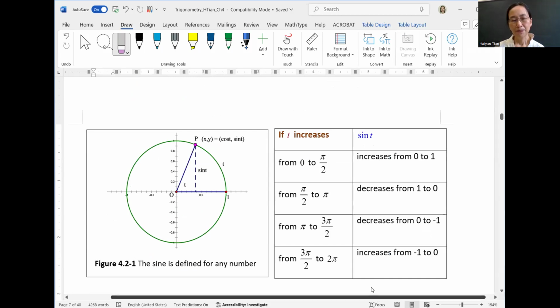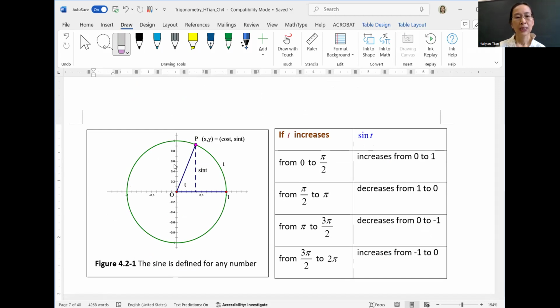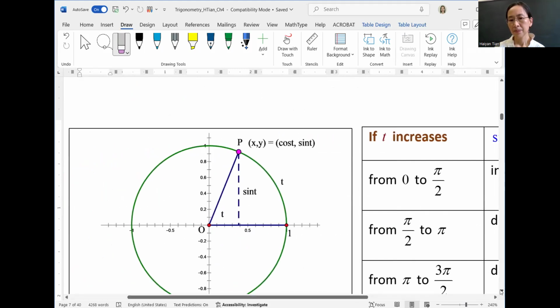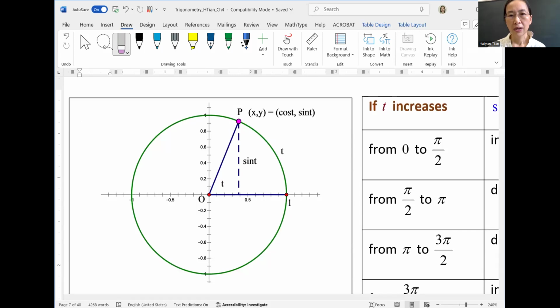So suppose we have, I want to increase the figure so you can see better. So I just increase it. Okay, now assume we have this angle t. Now we focus on the second quadrant, that is, the terminal side will be here. So if t continues to increase, the terminal side of t will be in the second quadrant.